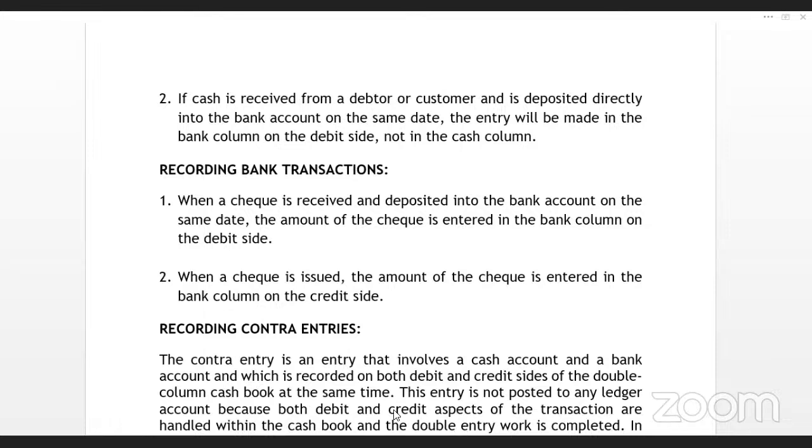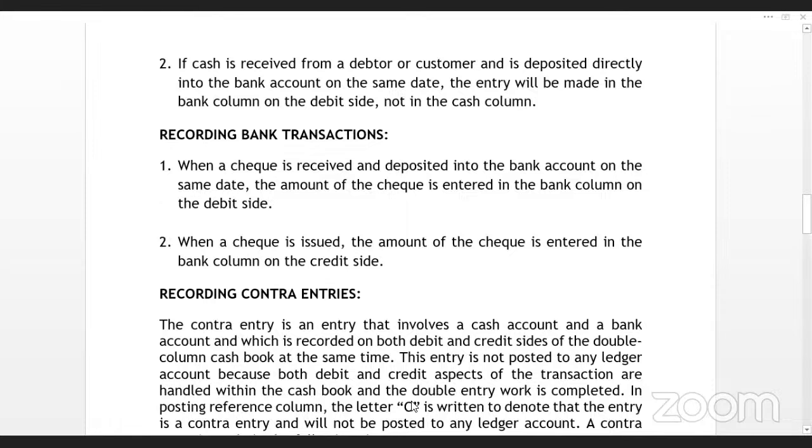Contra entry transaction. They're telling us the entry is not posted to any ledger account, because both the debit and credit aspects of the transaction are handled within the cash book.